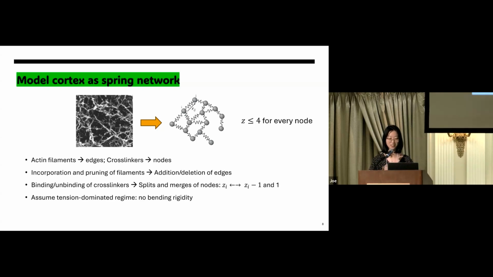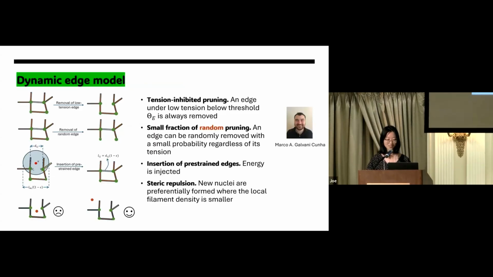And binding and unbinding of crosslinkers is modeled by splits and merges of nodes. So a node of degree z can be split into two nodes of degrees z minus 1 and 1, and vice versa. And here we are assuming that we are in the tension-dominated regime, so no bending rigidity, although that can be important when we fine-tune this model.